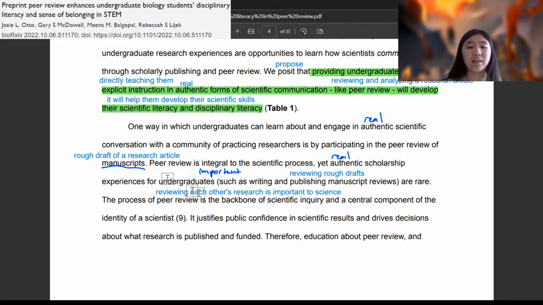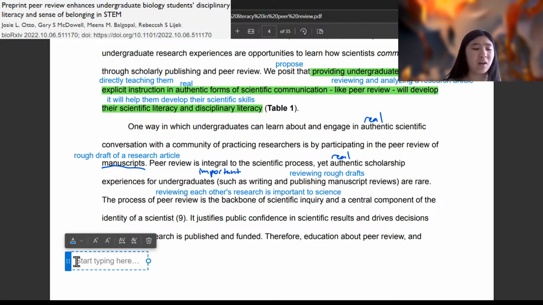So the reason why they say a central component of the identity of a scientist, my understanding is that you must reach, or at least currently how the process is, you have to reach a certain level of expertise and knowledge in order to be able to give someone else feedback on their research. So generally that happens when you are considered a postdoc. I think that's the earliest you might be allowed to give others feedback.